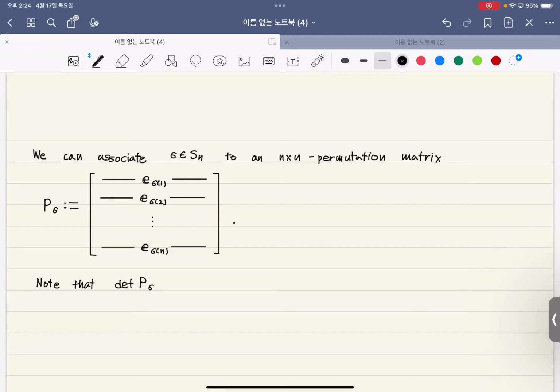And whenever you exchange two rows, your determinant must change sign. P of sigma was obtained from the identity by exchanging rows. How many row exchanges appear for P of sigma? Exactly the number of transpositions in the transposition decomposition of sigma, right? Because of this, the determinant of P of sigma must be the sign of this permutation.